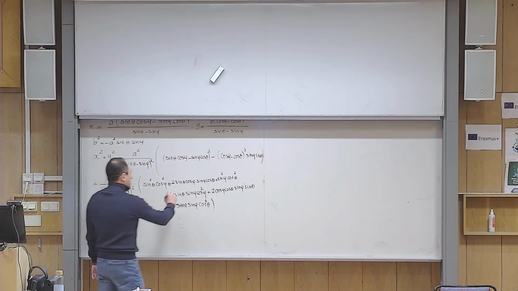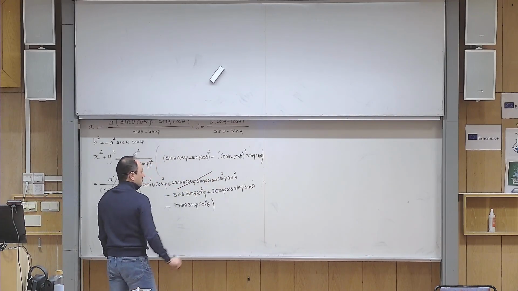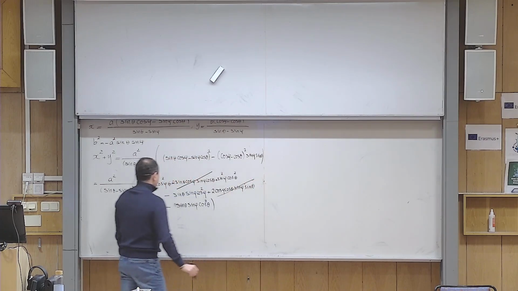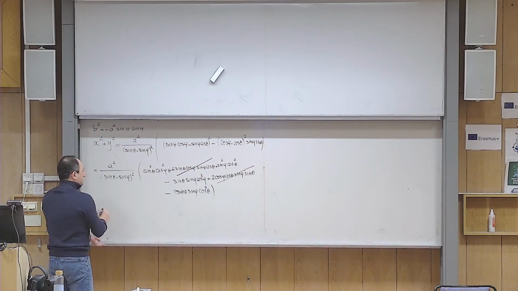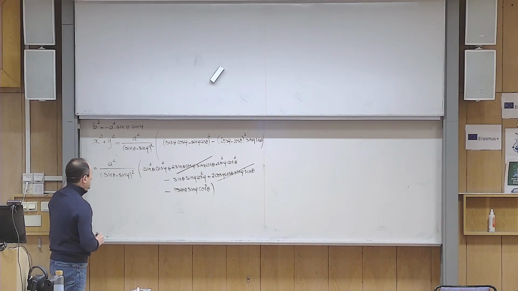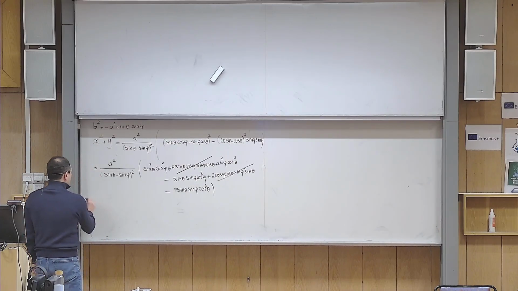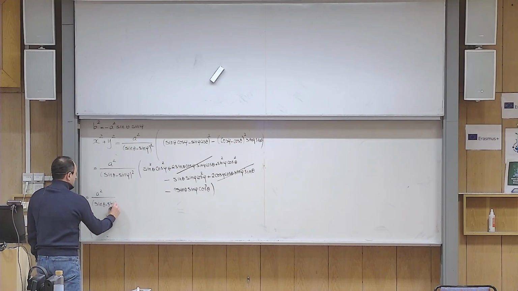And as I told you, this term here and that term are cancelled. So let me write it a little bit organized to see what we can do. So this becomes a squared over sine theta minus sine phi squared. Okay.